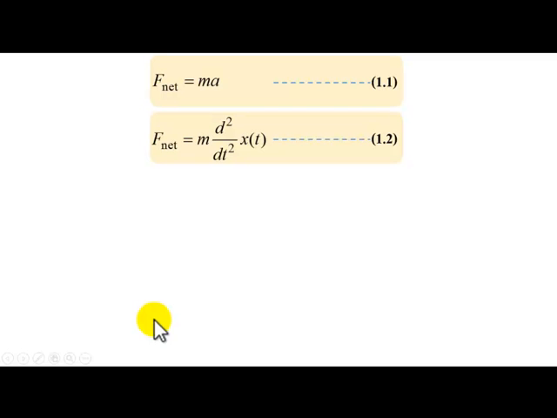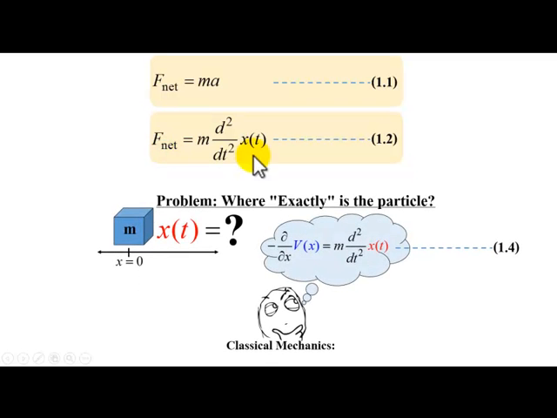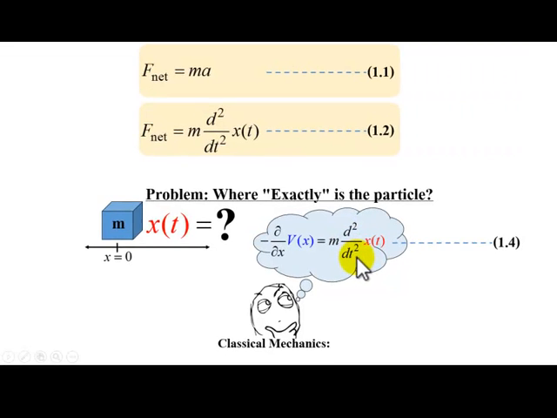Coming back again to Newton's second law of motion in equation 1.2, rather than using the net force, we can think of it in terms of potential energy V of x, which can be written as minus dV dx is equal to m times the second derivative of x with respect to time.